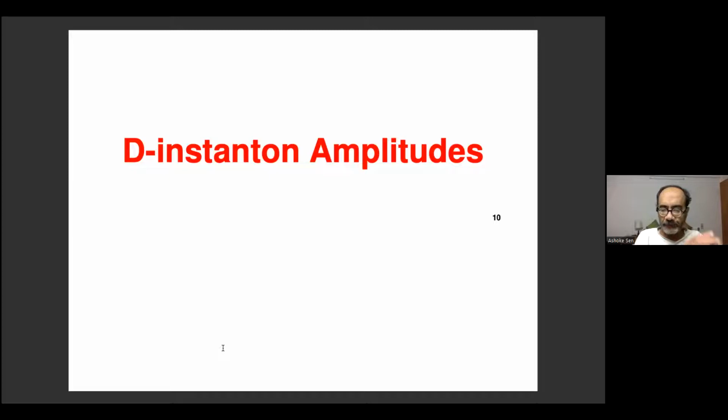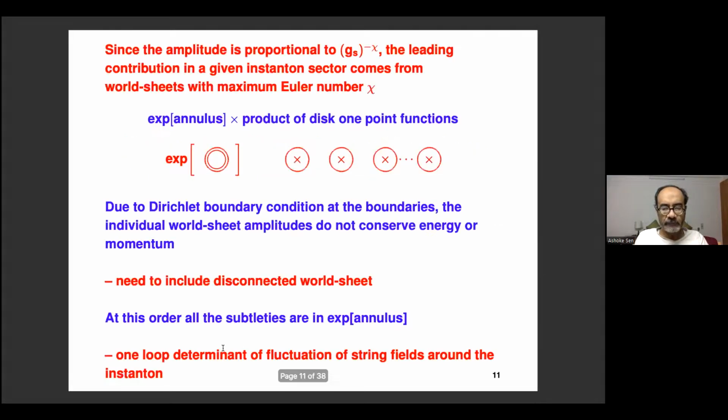So now let me give some more details of how you go about analyzing D-instanton amplitudes. As I said, the D-instanton amplitude has an overall factor of e to the minus c over g_s, and then it's given by a sum over worldsheets, just like normal string theory.